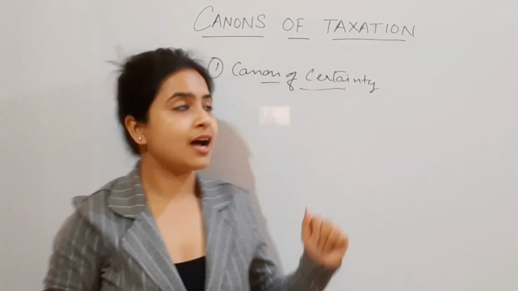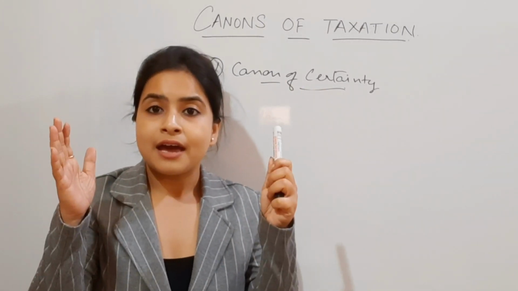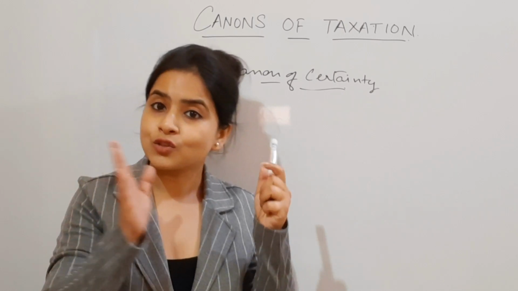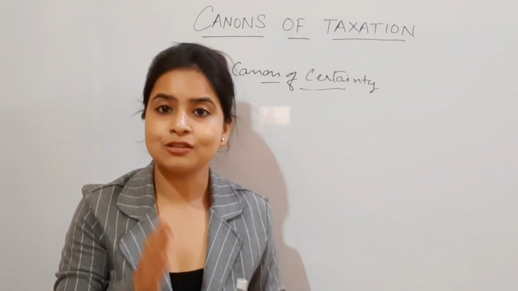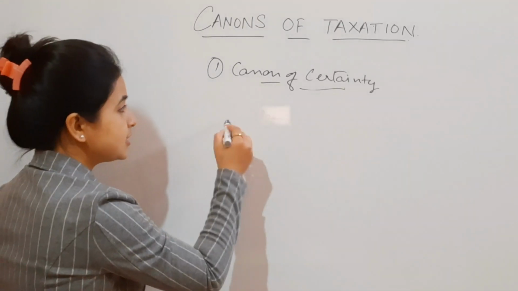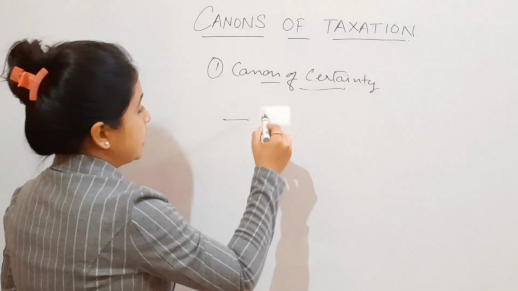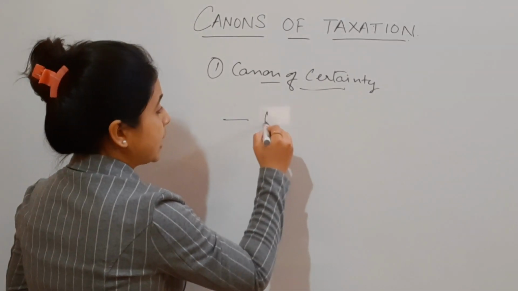Smith mentioned, under this canon of certainty, the things that need to be crystal clear, not only for the taxpayers but also for the authority collecting the taxes. These are the following things that need to be very much clear. Number one is the time of payment.